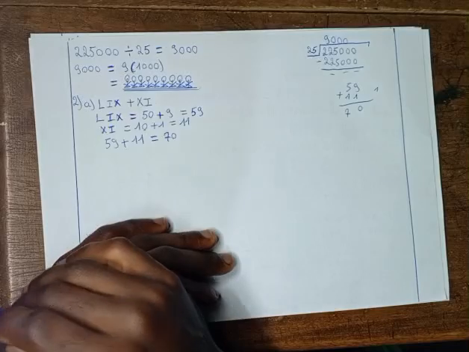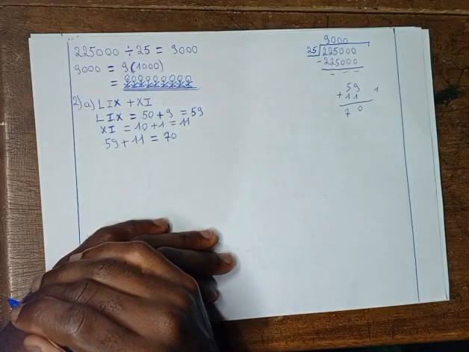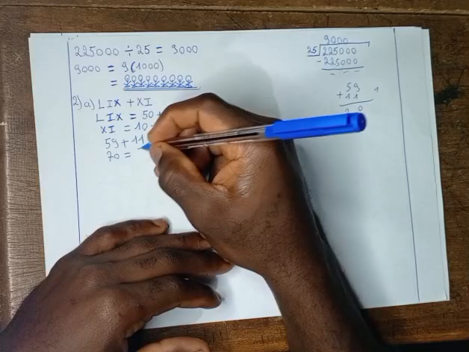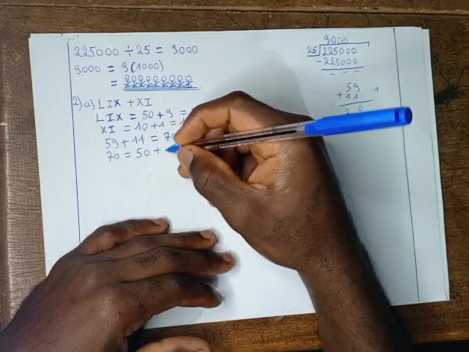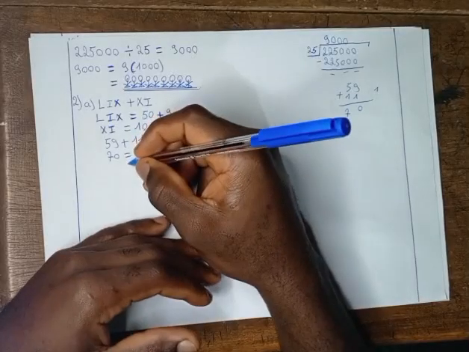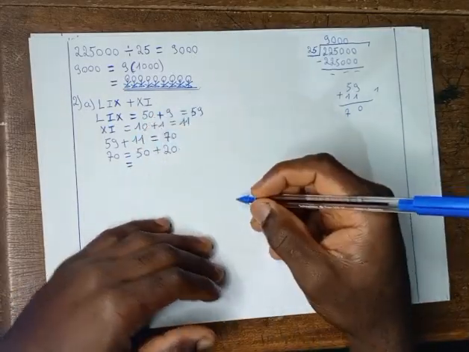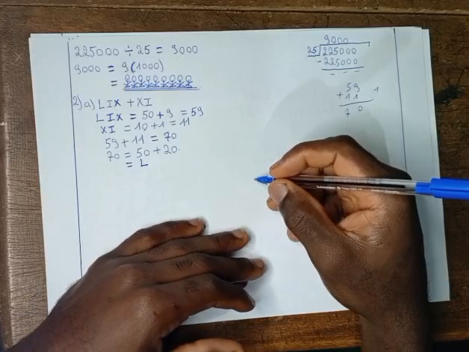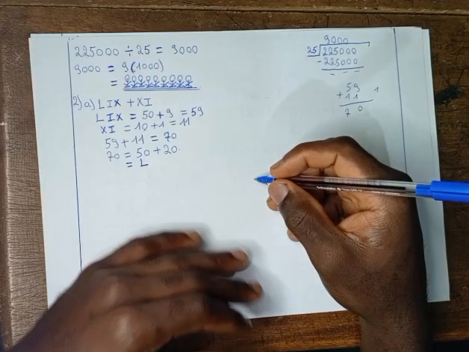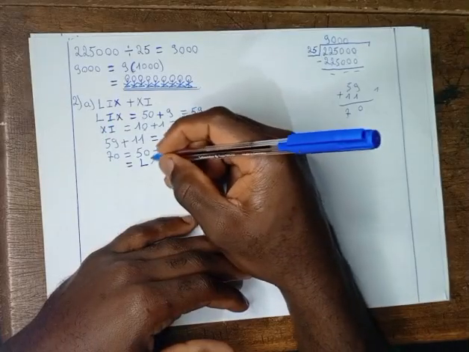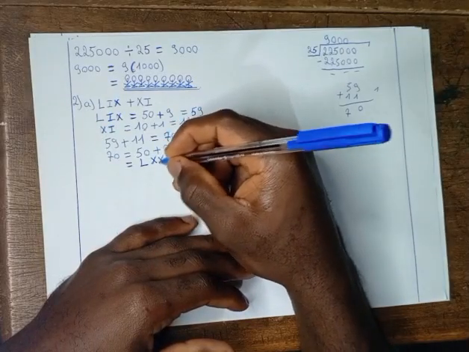Next, we have to convert the result 70 back to Roman numerals. We know 70 is the same as 50 plus 20. And the Romans represented 50 by using an L. We know 20 is the same as 10 plus 10, and they represented 10 by making use of an X. So 20 will be represented by using 2 X's.